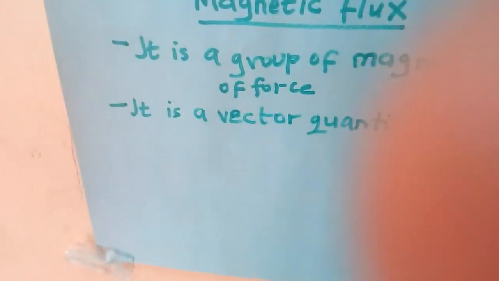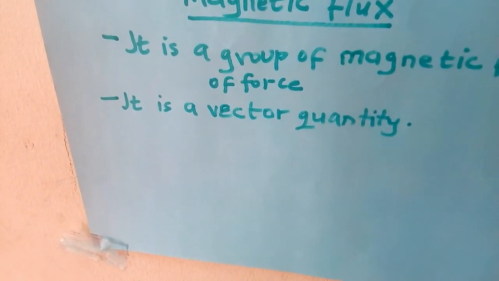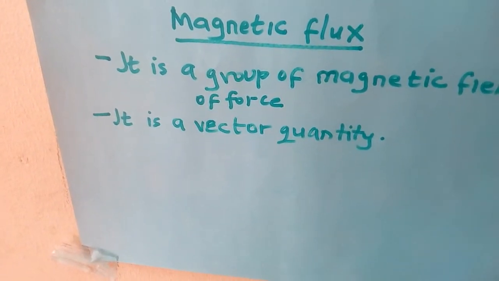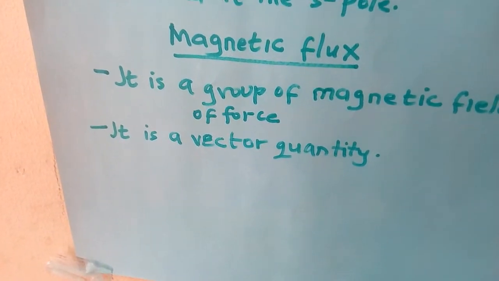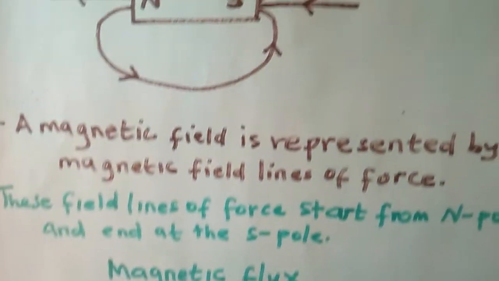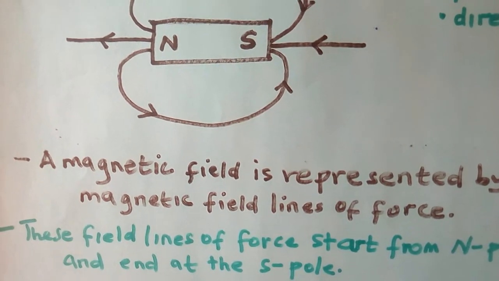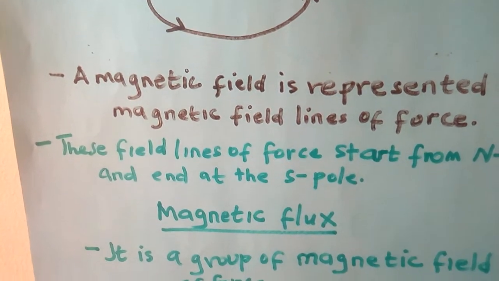A vector quantity is that quantity which has both magnitude and direction. So magnetic flux is a vector quantity. It has magnitude, it has direction. That is why we are saying when you are drawing these diagrams, the direction should be there, because the direction shows the direction of the magnetic flux.